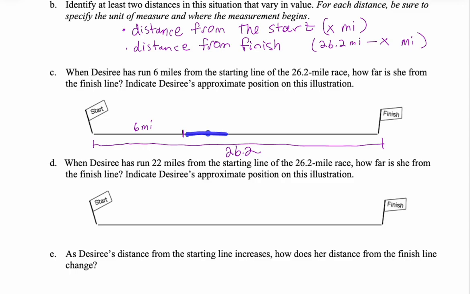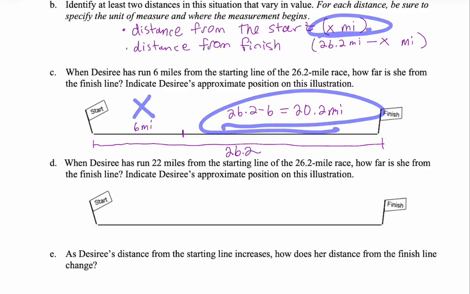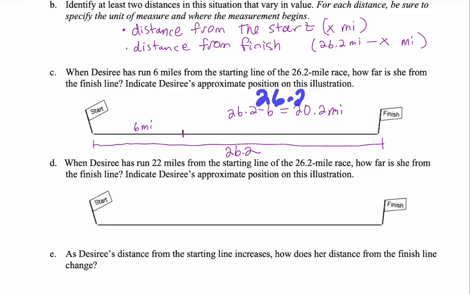How do we find this? Yeah, you're just going to subtract. And so that would be 26.2 minus 6, or 20.2 miles. And that kind of illustrates, see what we did here. That's why if we call the distance from the start x, the distance from the end will always be 26.2 minus that x.